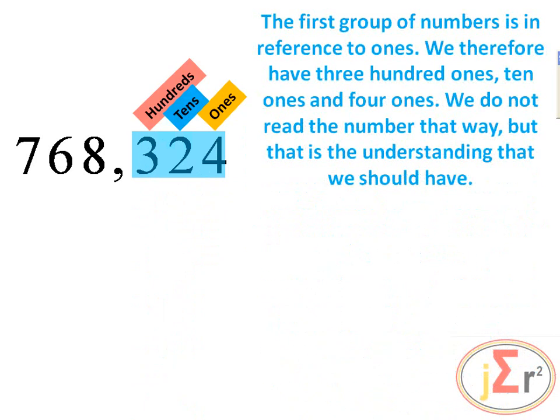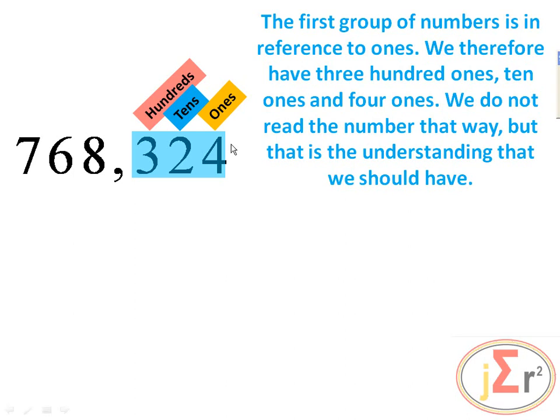The first group of numbers is in reference to ones. We therefore have 300 ones, 10 ones, and 4 ones. We do not read the numbers that way, but that is the understanding that we should have.